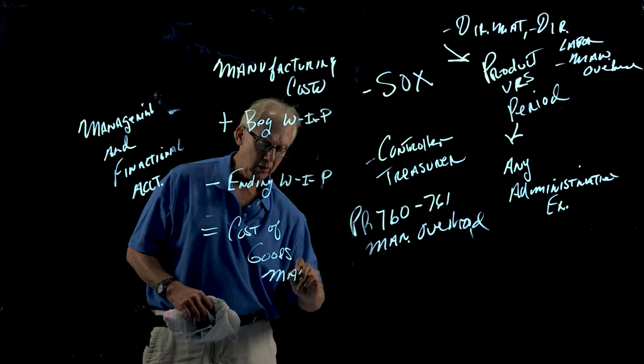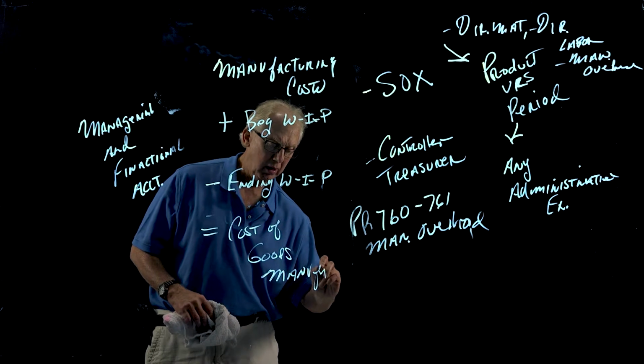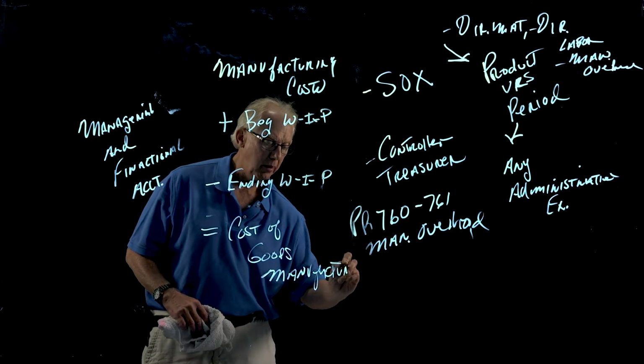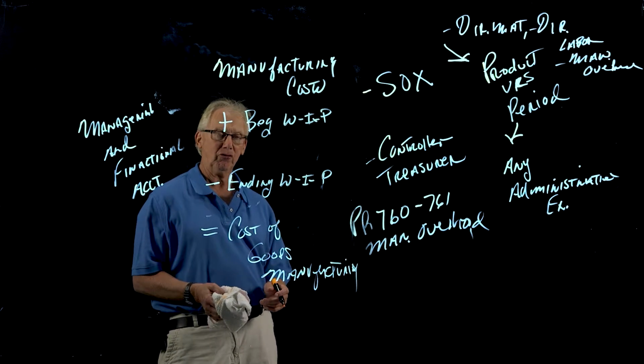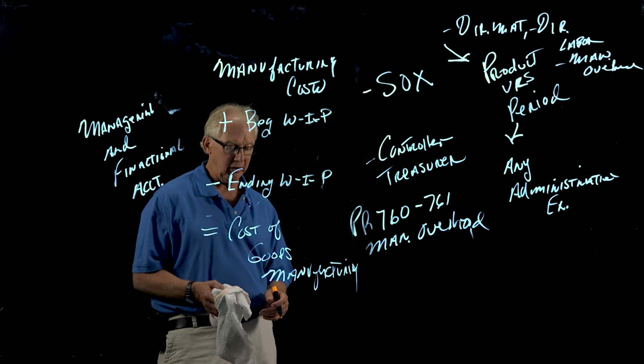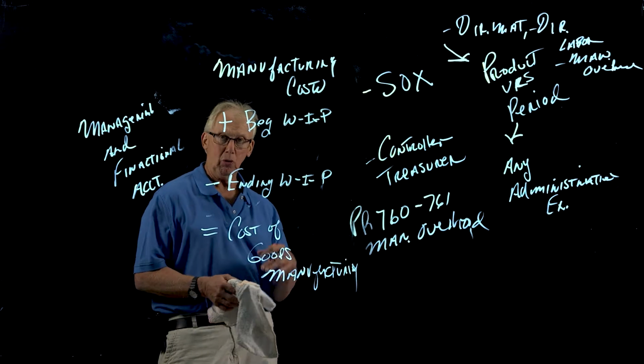Okay? That is the raw equation for figuring out the cost of goods manufactured. Now, you will see the statement in the book, and it's quite more cumbersome.